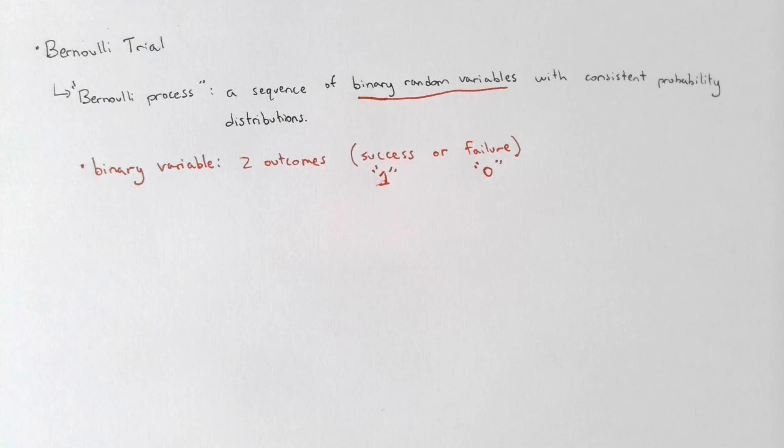Then you could catalog success as landing at 1 and failure as everything else. And that gives you a binary variable. Notice that we took a non-binary random variable and then we turned it into a binary variable.